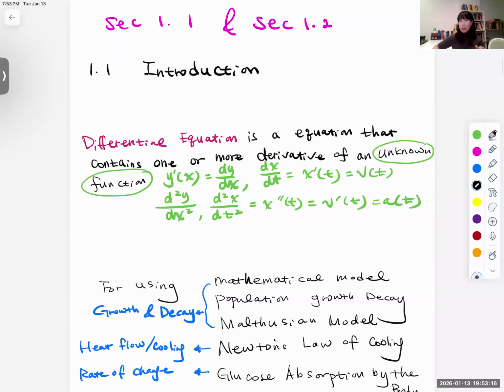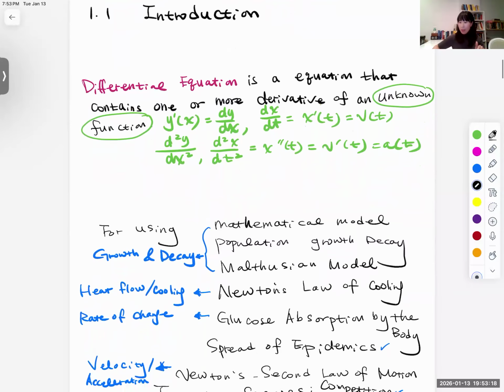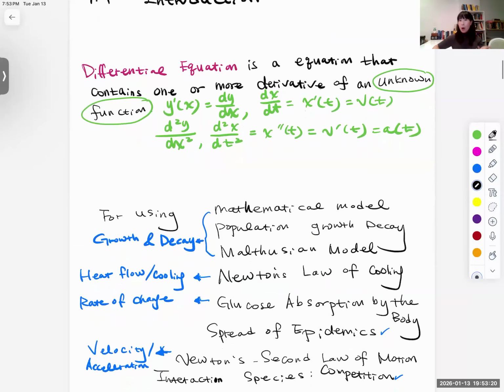We use differential equations for mathematical models: population growth, decay, and there's a new word, let me pronounce it correctly, the Malthusian model.